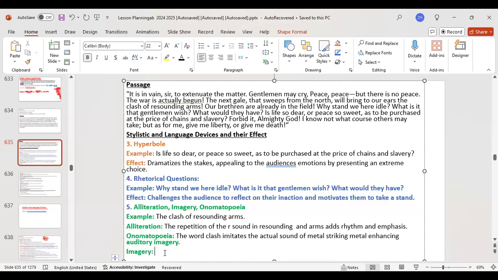When the author appeals to any one of your five senses, that's what you call imagery. In this case, which sense is the author trying to appeal to by using the clash of resounding arms? Hearing, very good. And so that would be imagery that vividly describes a battle scene.